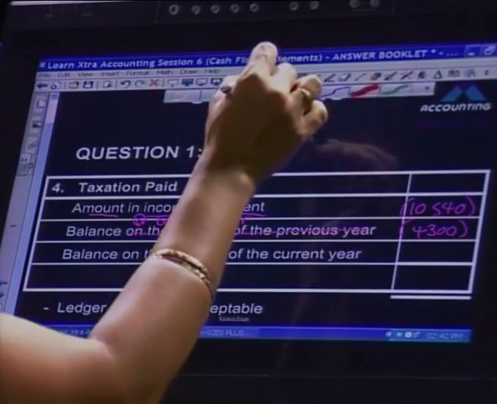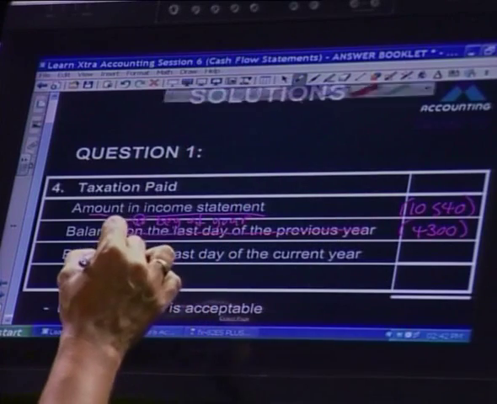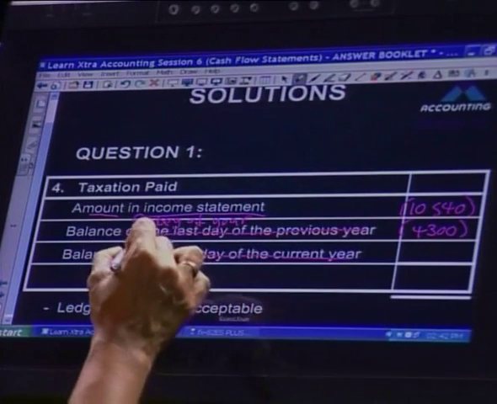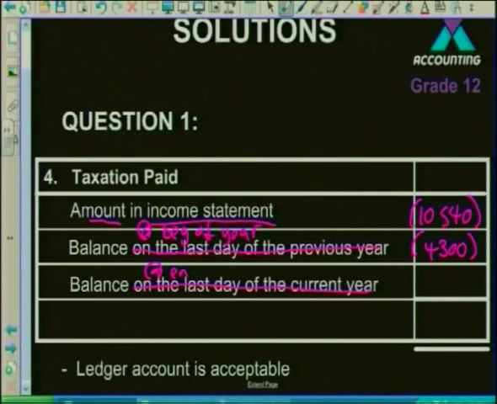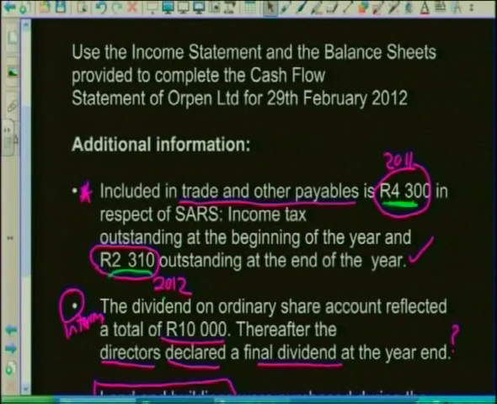The last part to this note, we're now looking at the balance on the last day of the current year. Again, guys, I just want to change that. Balance at the end of the year. And again, we're going back to that additional information. At the end of the year, we were owing the receiver. There we go. There's that amount. Owing the receiver, this amount here. 2,310 was outstanding at the end of the year.